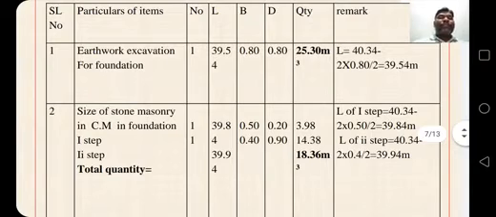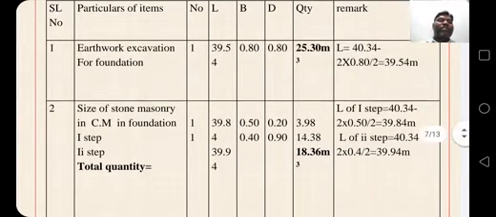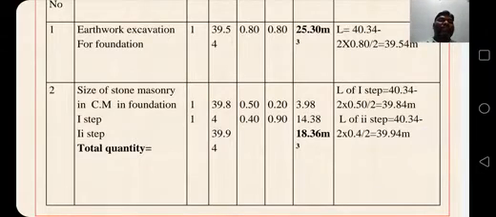Second item is side stone masonry in cement mortar for foundation. First step 1 into 39.8 into 0.5 into 0.2 is 3.98. Step 2 1 into 39.9 into 0.4 into 0.9 is 14.38 meter cube.